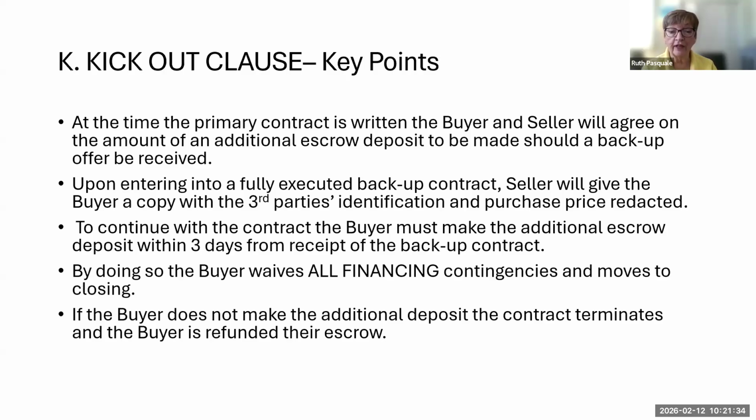Upon entering into a fully executed backup contract, the seller will give the buyer a copy with the third party's identification and purchase price redacted. To continue with the contract, the buyer must make the additional escrow deposit within 3 days from receipt of the backup contract. By doing so, the buyer waives all financing contingencies and moves to closing. If they don't make the additional deposit, the contract terminates and the buyer is refunded their escrow.